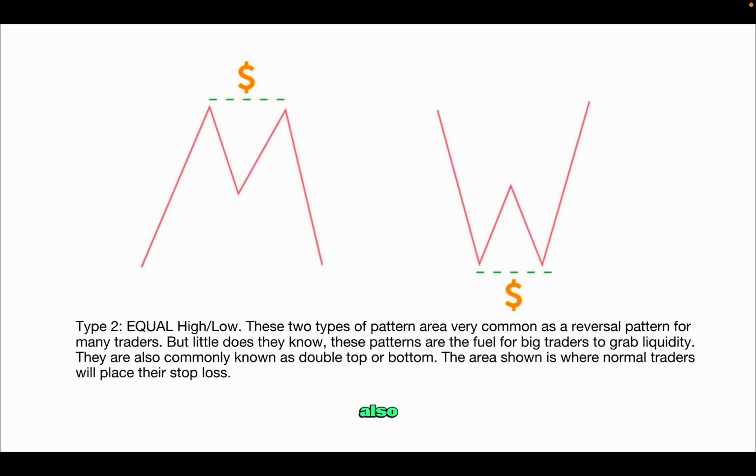So we know we have a lot of stop losses placed above or below the equal low or equal high area. So this is the second type.